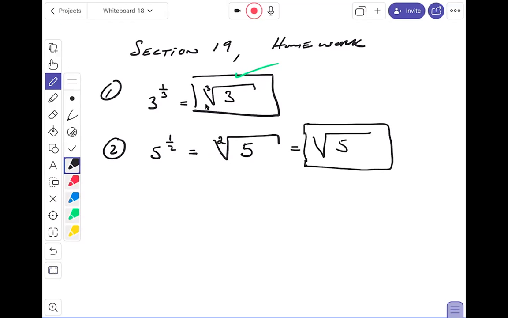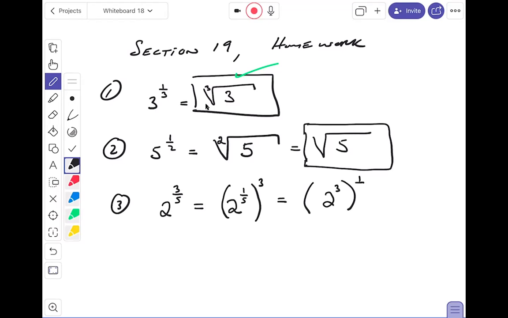Let's go to number 3. It says rewrite this, and this is 2 to the 3/5, and then we'll write it as a radical. There are several ways to do it. I want to go through it in steps for the most part. This is 2 to the 1/5 cubed, or you could write 2 cubed to the 1/5.